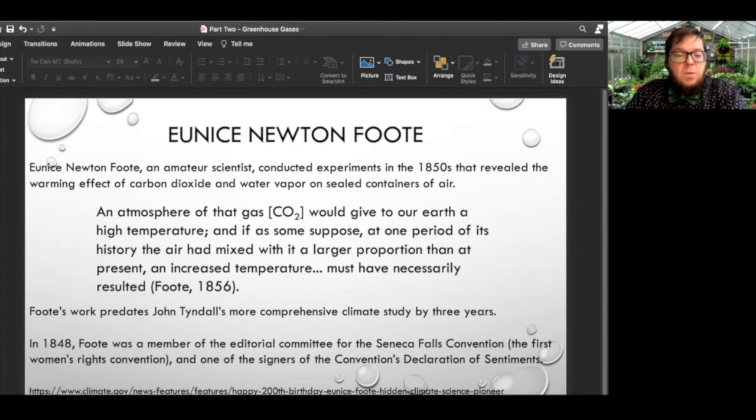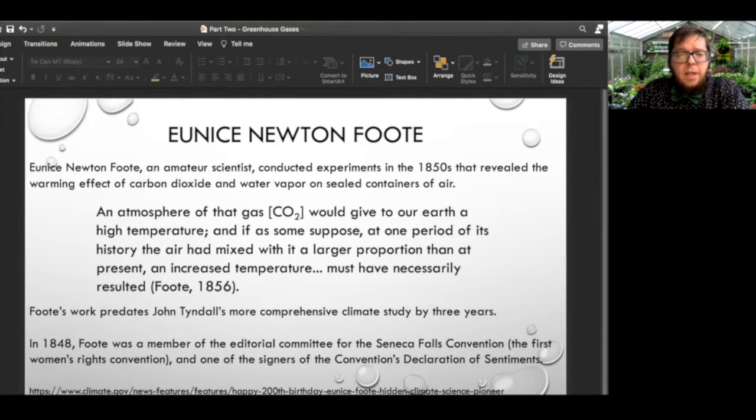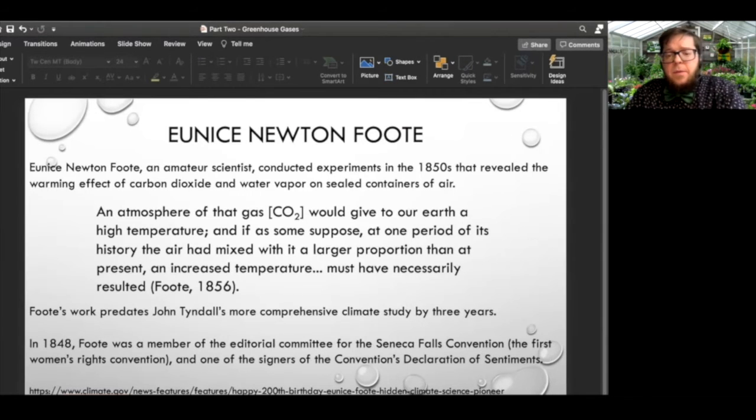That fell to another scientist named John Tyndall 3 years later, who did a much more comprehensive study of the Earth's climate and was possibly, although I need to check this again, the first person to state in some terms that the Earth was being warmed by carbon dioxide at that time. But it's worth noting that Eunice Newton Foote kind of got there first. She was also, in 1848, a member of the editorial committee for the Seneca Falls Convention and one of the signers of the convention's Declaration of Sentiments.